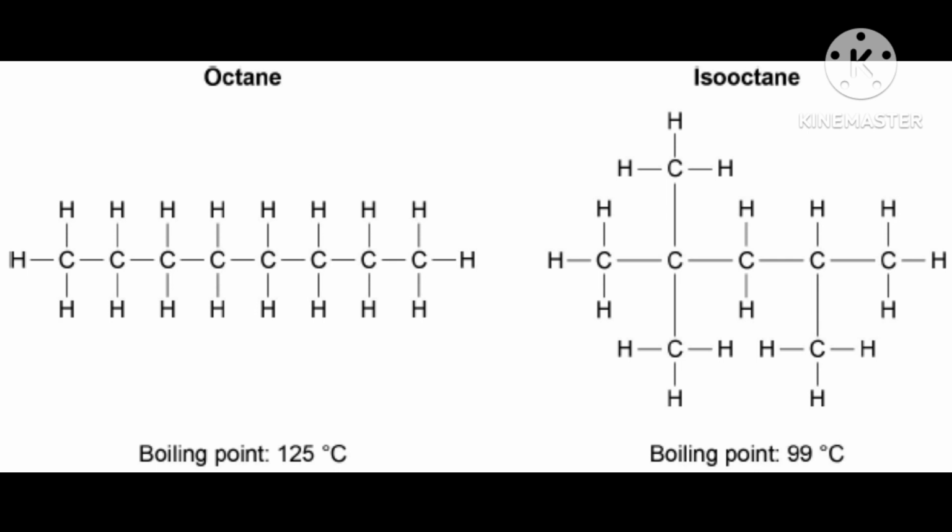Now the question arises: when knocking tendency is there, how will you reduce it? How can knocking be reduced? That is done by anti-knocking agents. What are anti-knocking agents? Now I am telling you.